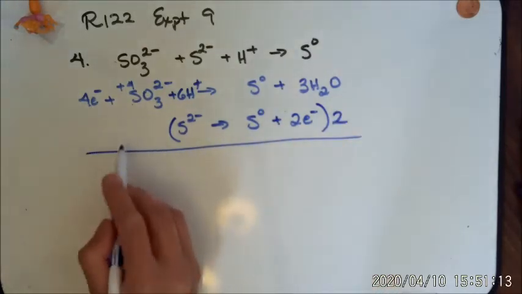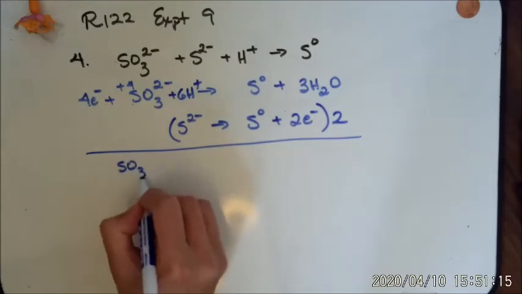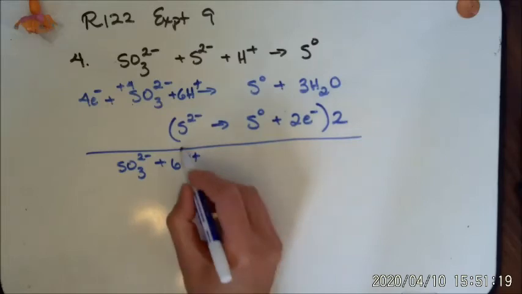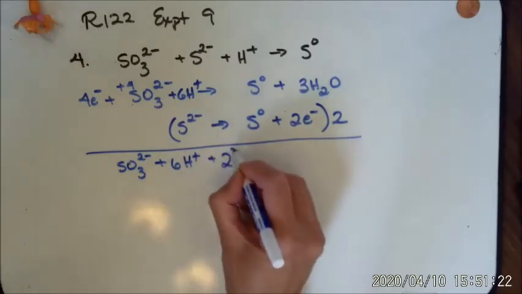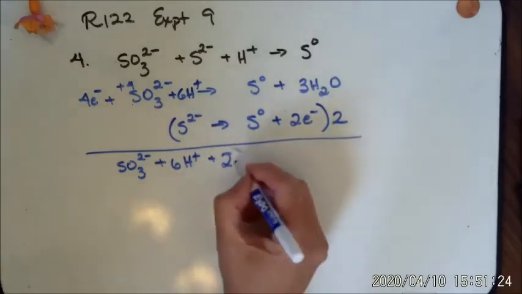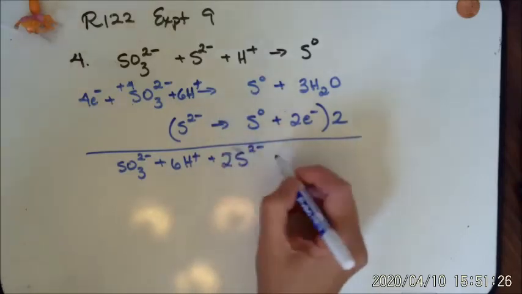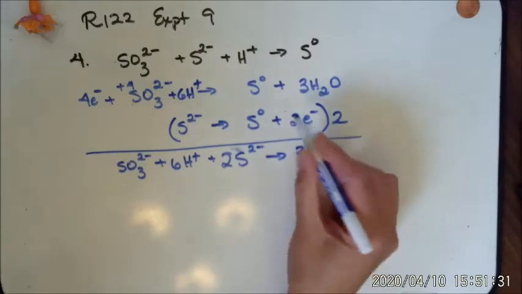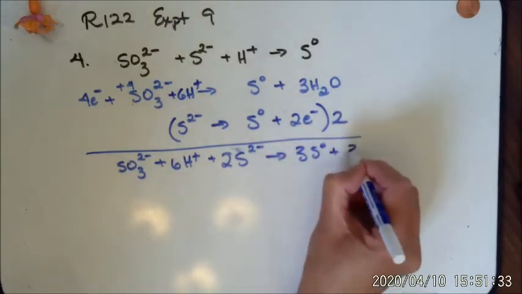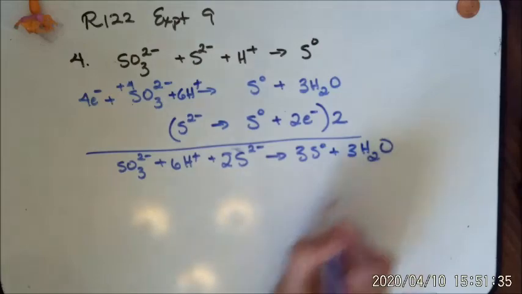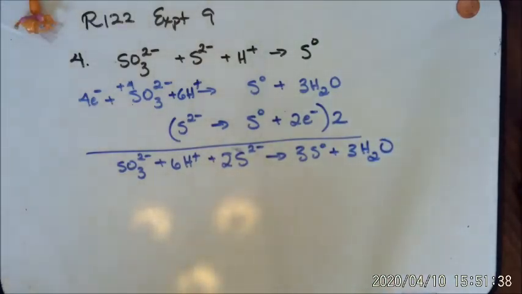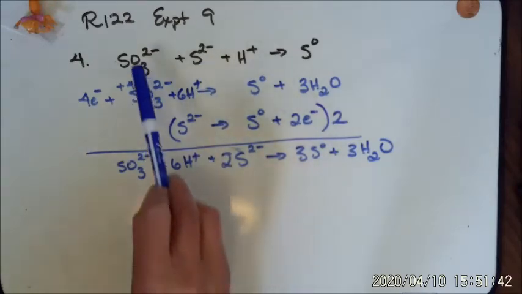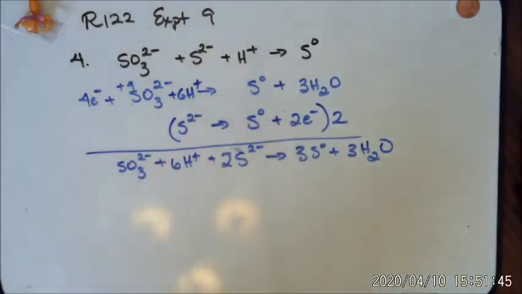So we have SO3 2-, plus 6 H+, plus 2 sulfides, goes to a total of 3 sulfur zeros plus 3 waters. Okay, so why can't we have them in a solution? Because that will get oxidized and reduce that.